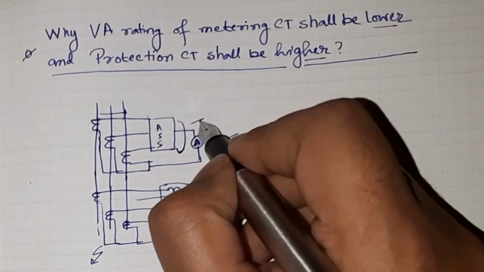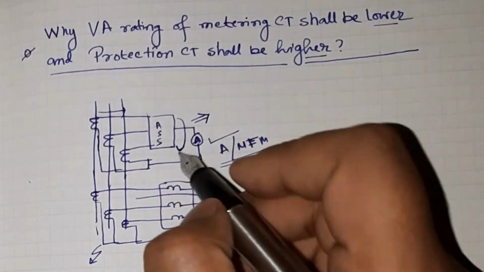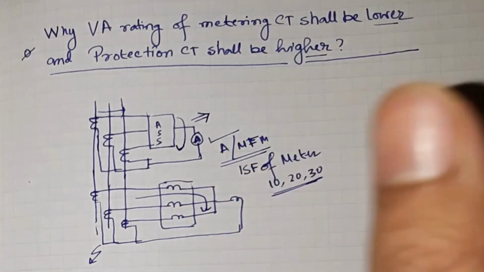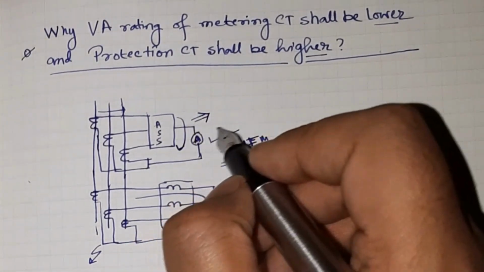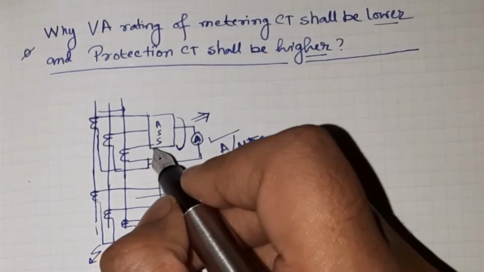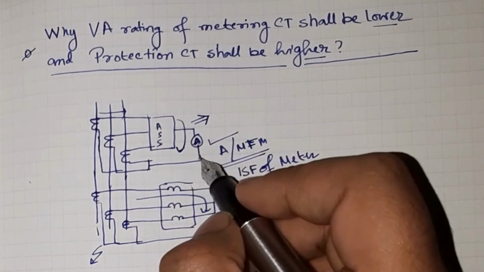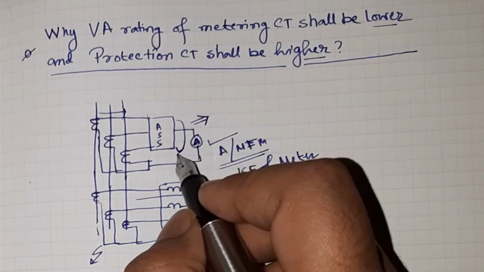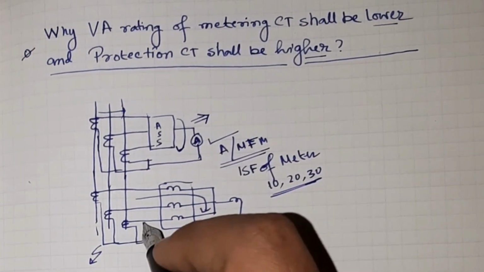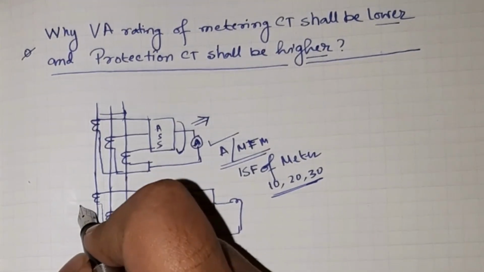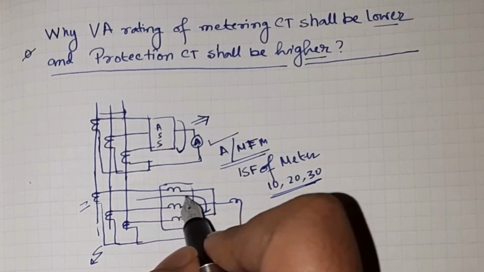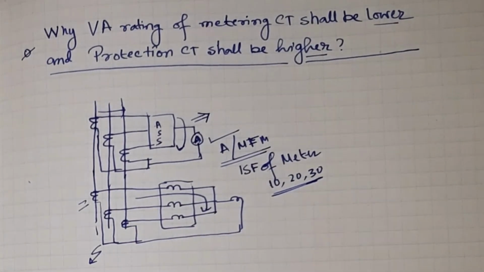Our objective is to ensure that when high current is flowing through the CT, our CT will get saturated so that the high current does not flow through the meter. When the CT gets saturated, it will act like a short circuit and high current will not go to the meter, so the meters will be safe. And for the protection circuit, we have to ensure that the protection CT core does not get saturated so that the high current flows through the relay coil and the relay coil energizes.